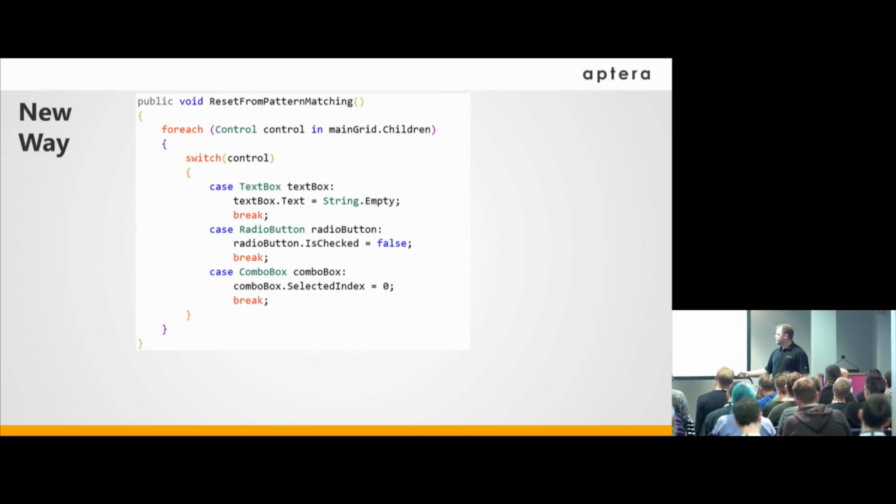And so now I can say TextBox, and if control is a TextBox, that variable will be populated and will be given that type. So we now have a TextBox variable whose type is TextBox, or we would have a RadioButton variable whose type is RadioButton, and so I could say radioButton.IsChecked. So there's no need to have that additional cast in there.